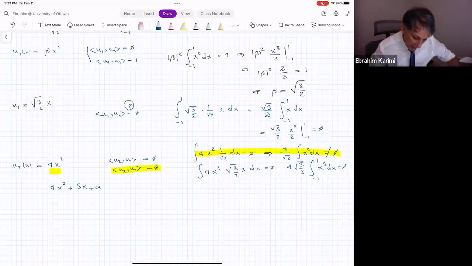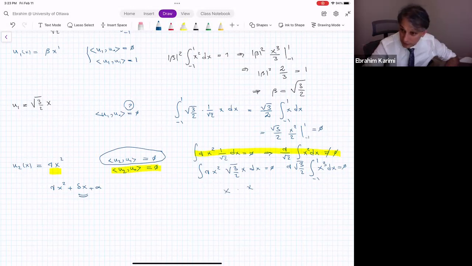So if you have an x term here, then from the relationship that we have for orthogonality with the second function, it means that you will have an x multiplied by another x that will give you x power of 3, that also will not be satisfied.